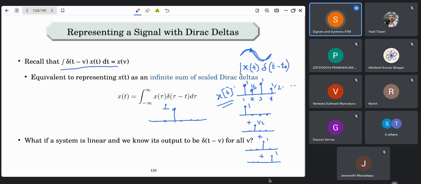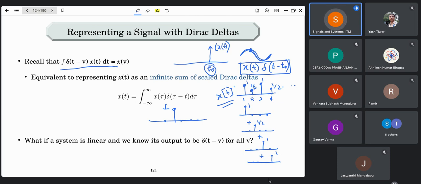If I have to plot this signal, how would I plot? I will say that at t naught, this is taking a value of x of t. So now this is basically sampling the signal at one particular point, and that point is t naught.